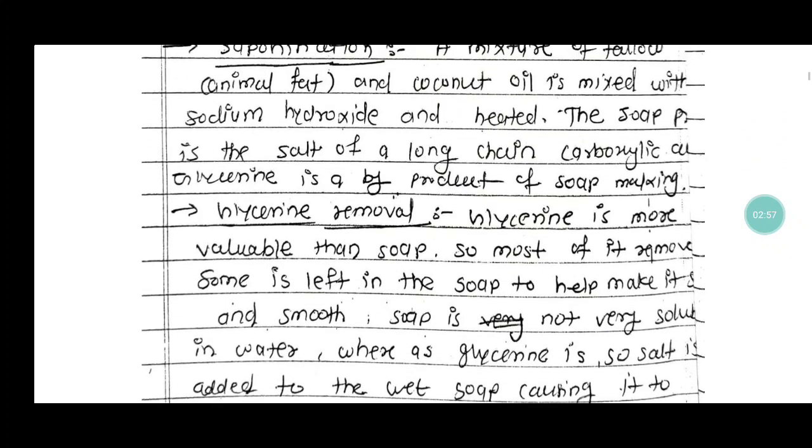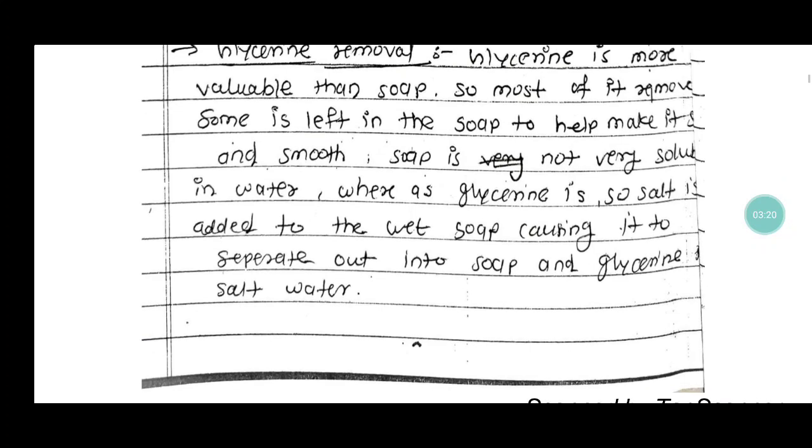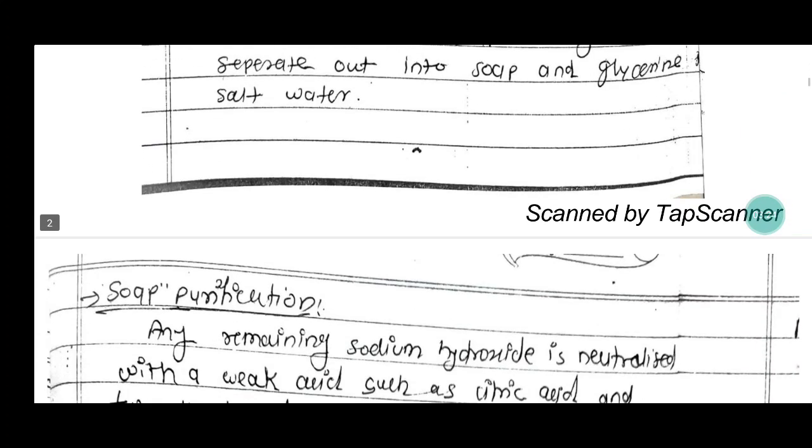Secondly, glycerin removal. Glycerin is more valuable than soap, so most of it is removed, though some is left in the soap to help make it smooth. Soap is not very soluble in salt water, whereas glycerin is. So salt is added to the wet soap, causing it to separate out into soap and glycerin salt water.